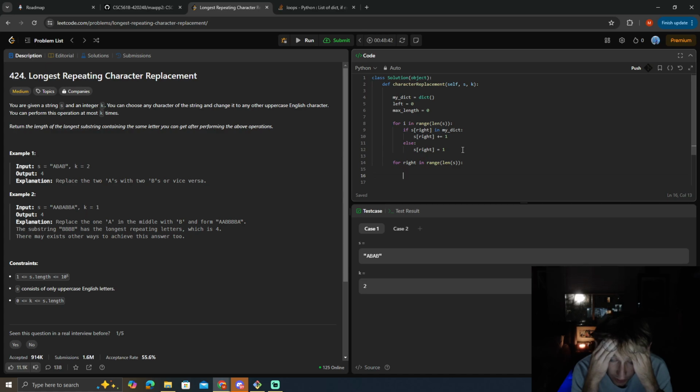I'm thinking we use a while loop here. But how are we going to do this? We see a value, right?